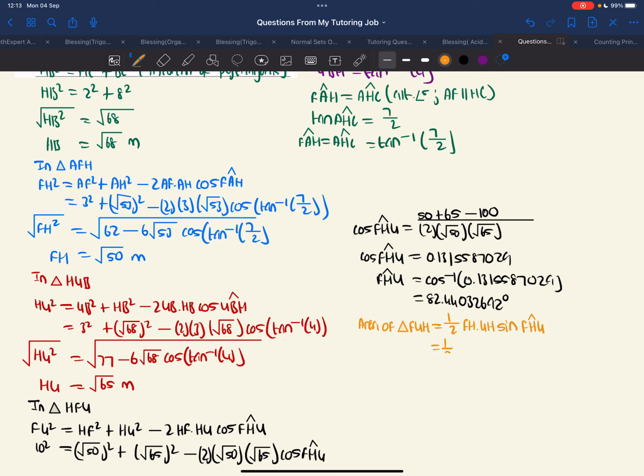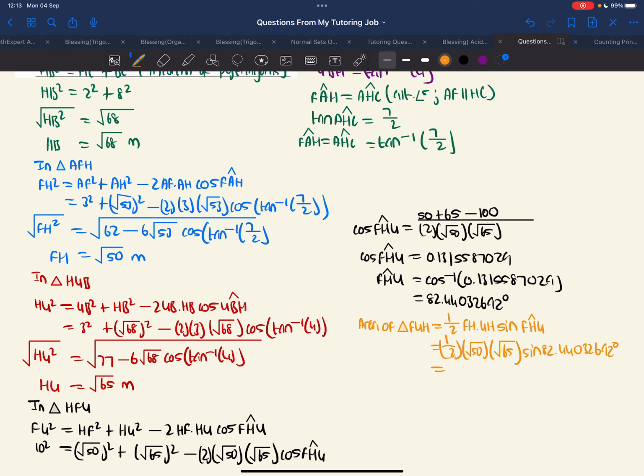Now FH, we know is square root 50, and GH we know is square root 65, and then sine of 82.44032 degrees.